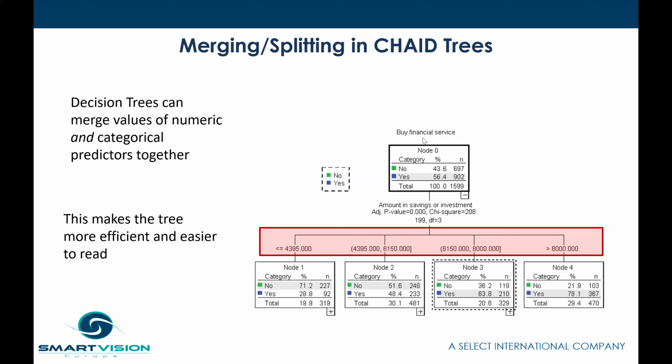Here we have who buys a financial service. This is our key outcome. We've got 1,599 records in our data set, and 56.4% of them bought the financial service. We can throw in a variable like the amount of money they have in savings or investment and find that it does help us predict people's likelihood to buy.